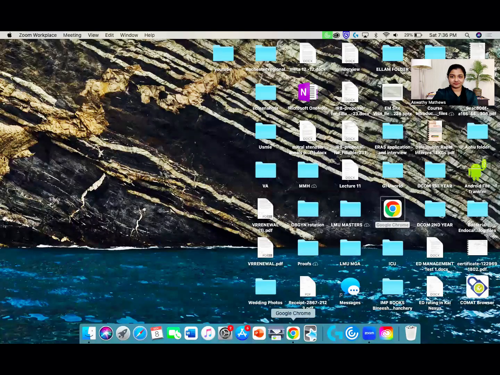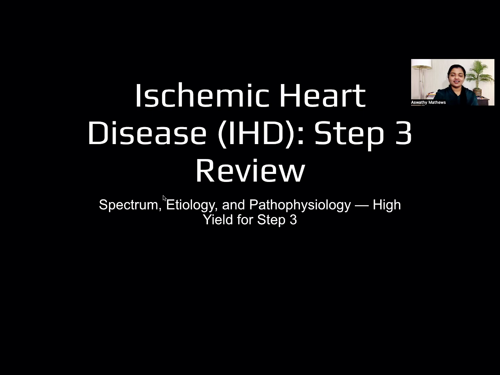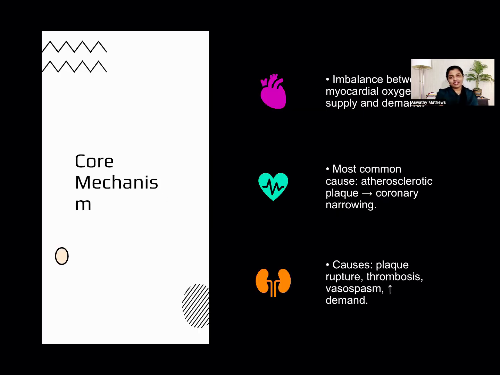Diving into our session, I will just share the screen so you can see what I'm trying to convey. And here it comes, ischemic heart disease. The core mechanism behind ischemic heart disease is an imbalance between myocardial oxygen supply and blood flow.